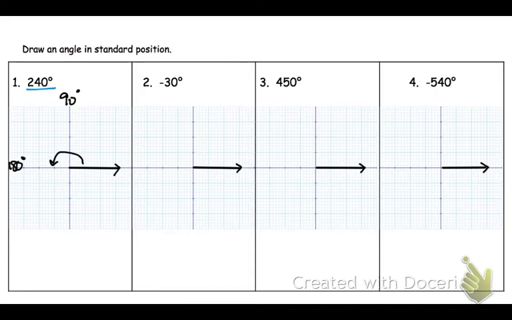It would make a straight line. If I were to go all the way to the negative y-axis and stop there, that would be 270 degrees. And then, of course, if I were to go all the way around, that would be back to 360.